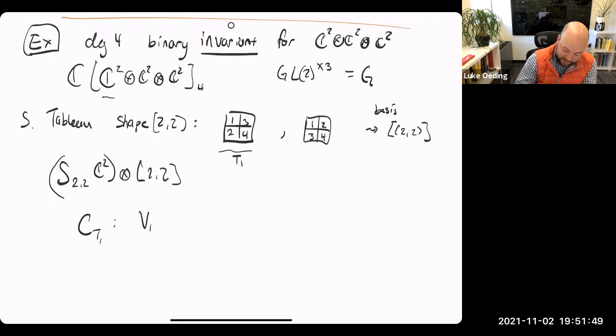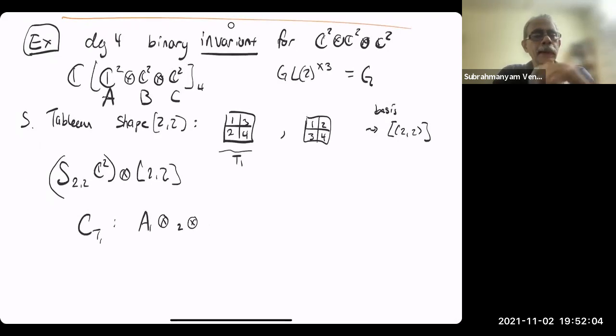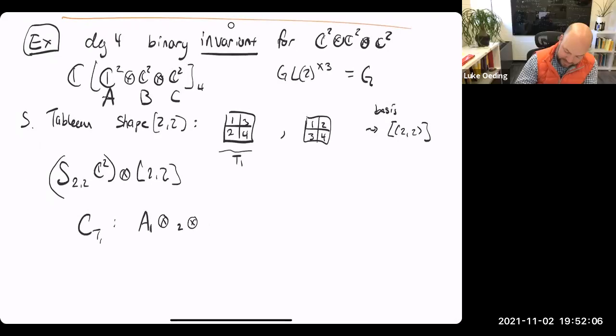Now I'm labeling my vector spaces again. Hopefully it's not too confusing, let me do this because there's going to be too many labels. So we'll call this A, B, and C. Okay, so we'll have A1. This is just C T1 on A tensor to the 4th to A tensor to the 4th.